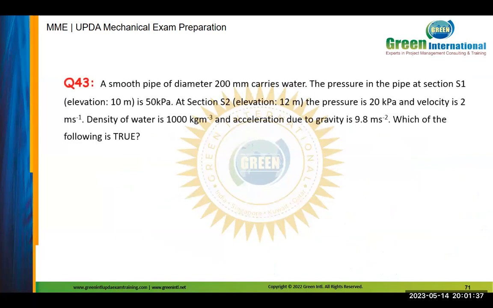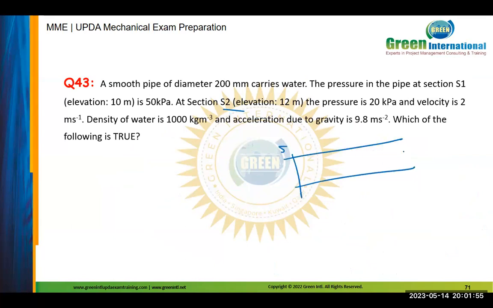A small pipe of diameter 200 millimeter carries water. The pressure in the pipe at section S1, elevation 10 meter, is 50 kilopascal. Then going to section 2, without any change of diameter, so the diameter is the same for the pipe.